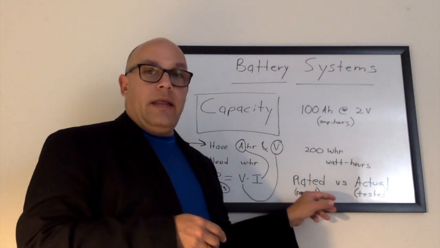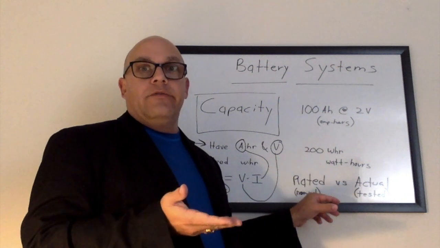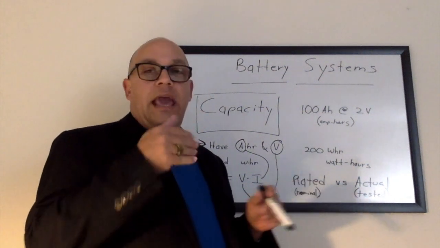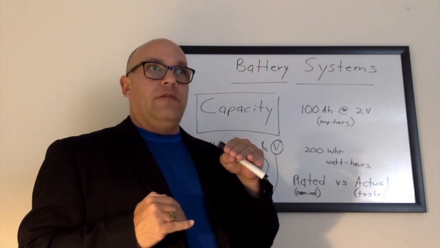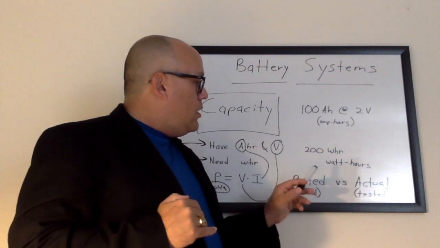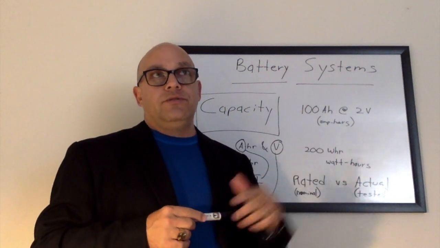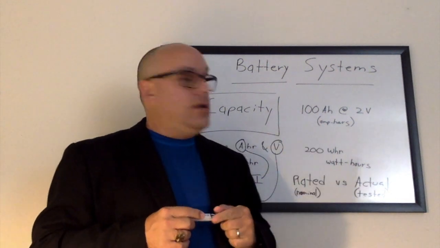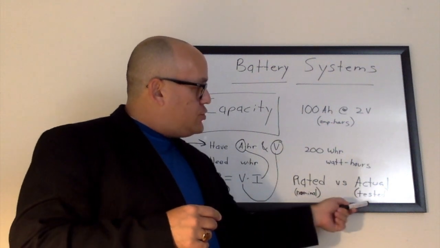That's its rated capacity. Now, actual is going to be different, because there's going to be some tolerance. And also, as it ages, it's going to be pretty far away from manufacturer spec, right? So it could be off as much as 20%, which is, you'd say, 80% of its original, right? But that's rated, and actual is tested.